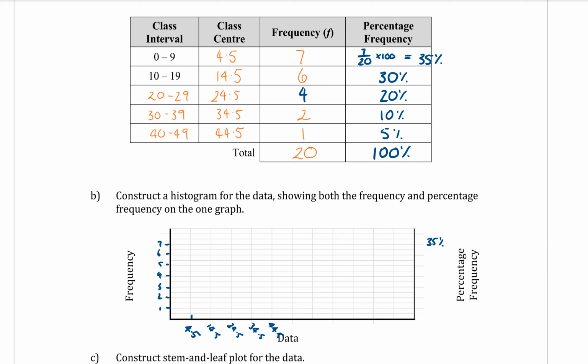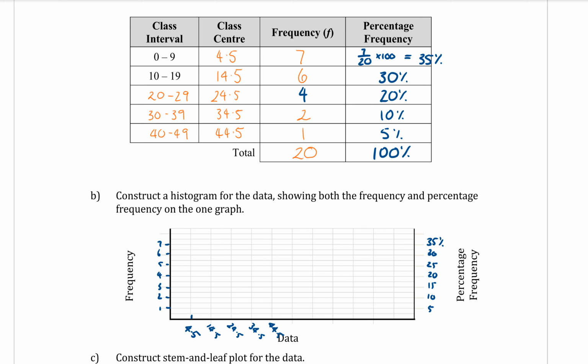Fortunately for us, that works out nicely as a scale. That's 7 spaces and 35%. 35 divided by 7 is 5, so it'd be going up by 5% each time: 5, 10, 15, 20, 25, 30, and then 35 for the top one.